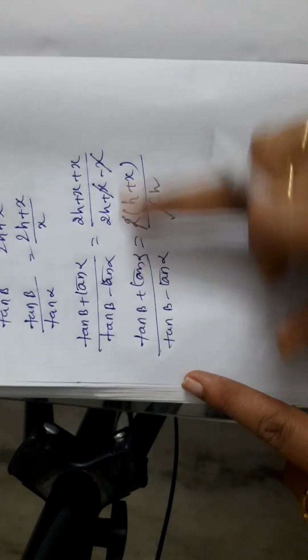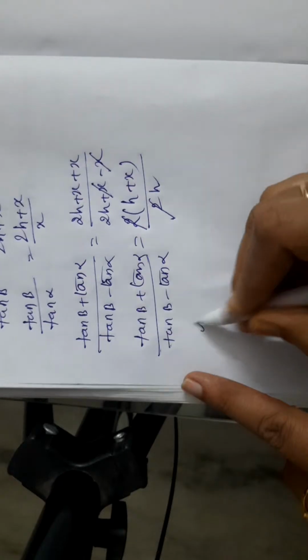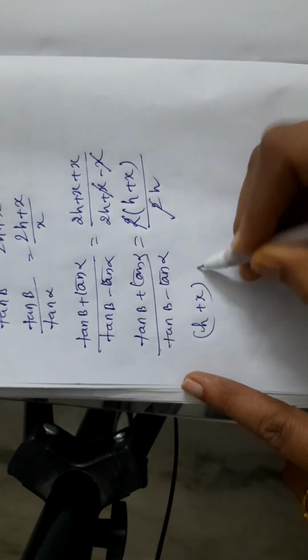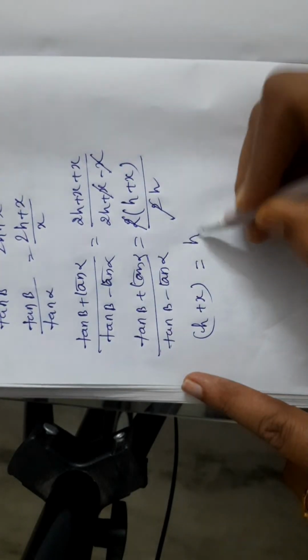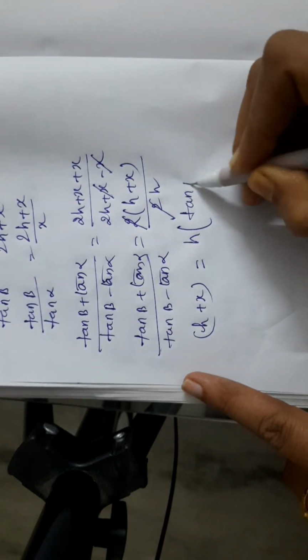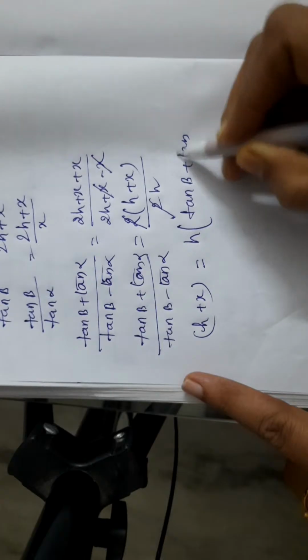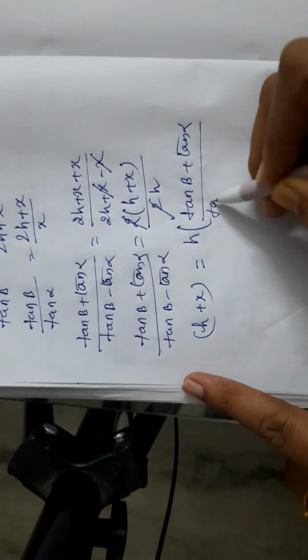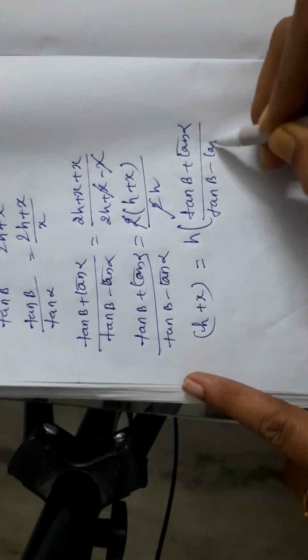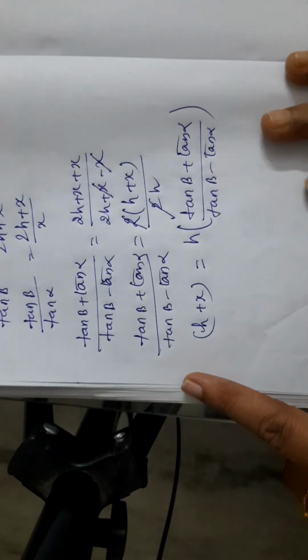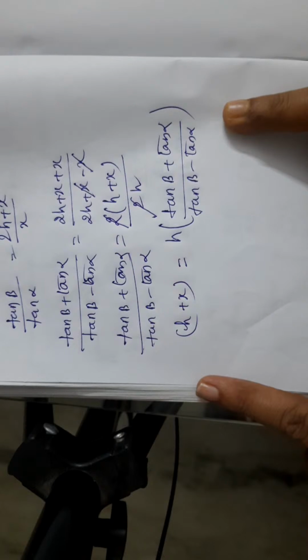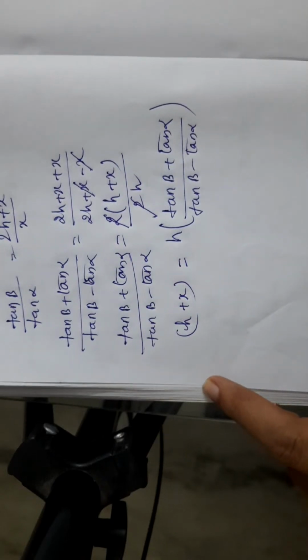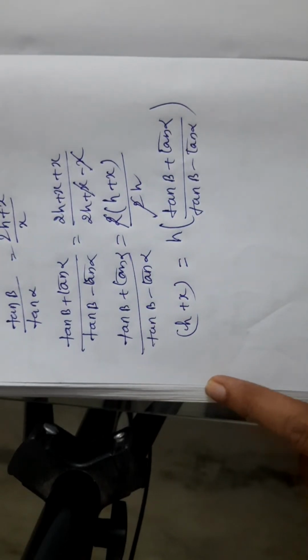Now cross multiply. h plus x is equal to h times (tan beta plus tan alpha) upon (tan beta minus tan alpha). So this we needed to prove, the height of the cloud. So this kind of question sometimes may be asked.